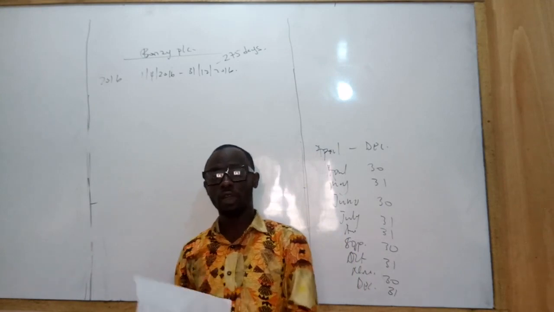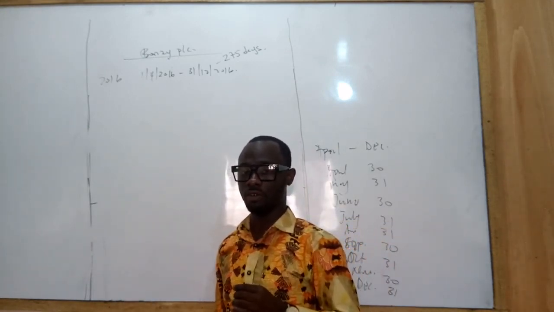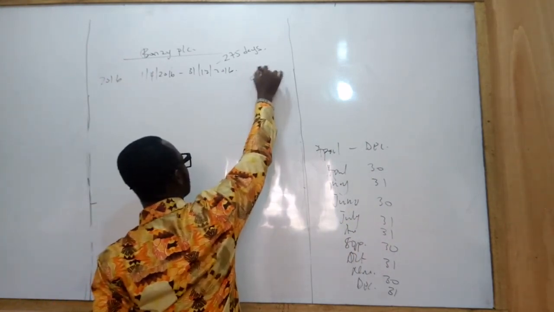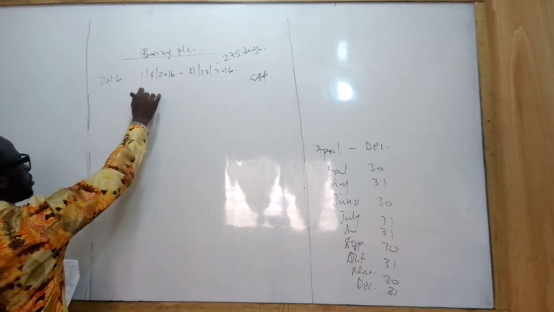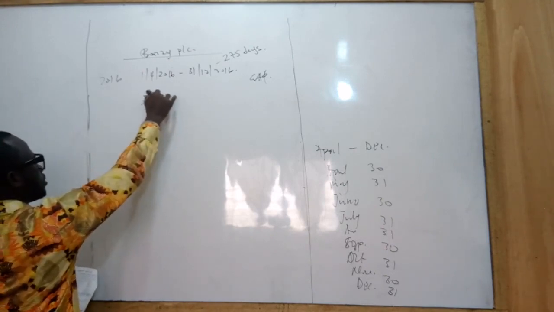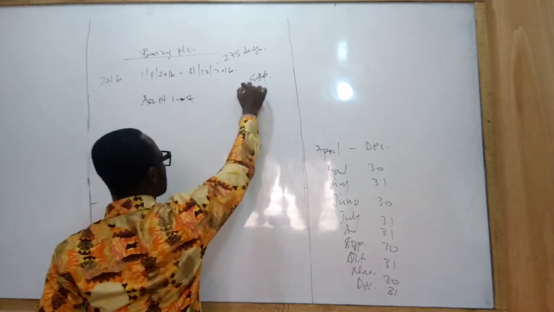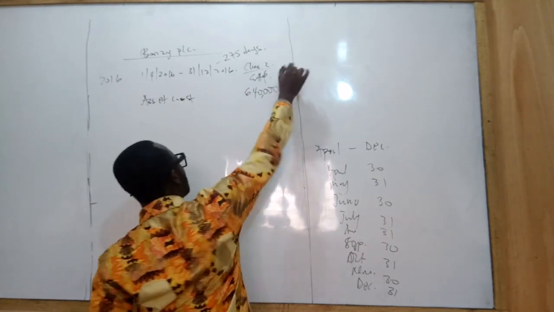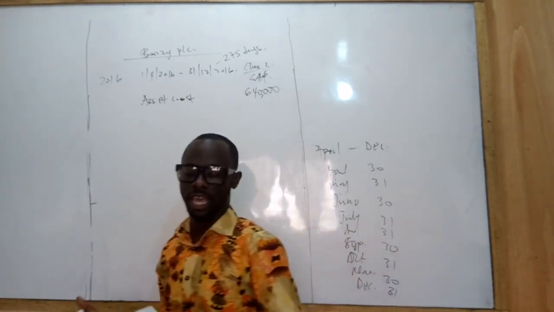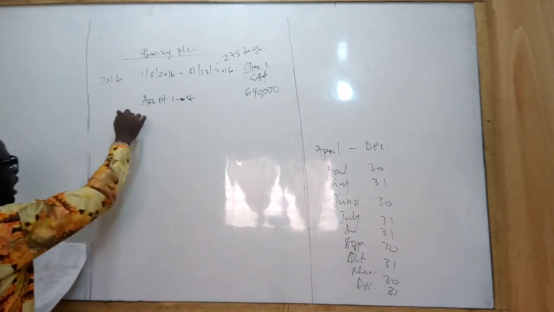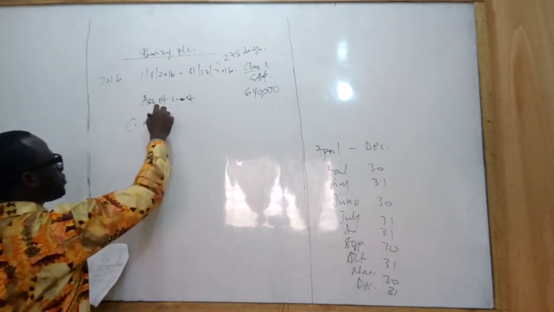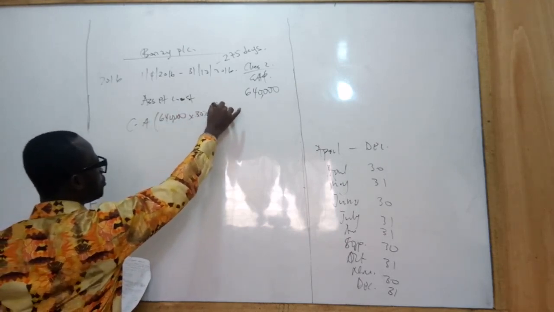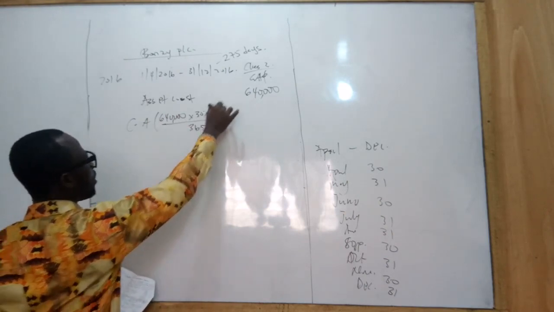Why is this important? It's important because of our calculation of the capital allowance. Very, very important. For 2016, the cost of the assets is 640,000. When we add the two together, remember this is a class 2 asset. So we add the plant and machinery and the motor vehicle. The capital allowance in this case is going to be 640,000 times 30% times 275 days divided by 365 days.